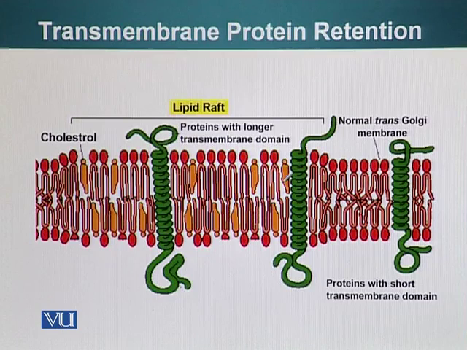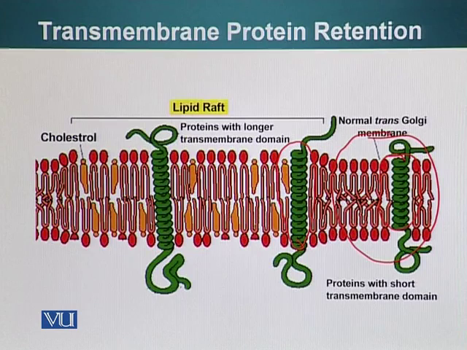For example, you can see this part of the Golgi membrane does not have cholesterol, so this region is thinner. And transmembrane proteins with shorter transmembrane segments or alpha helices can be inserted in this region. However, proteins with longer transmembrane domains are preferentially embedded in the region of the Golgi apparatus which is rich in cholesterol.